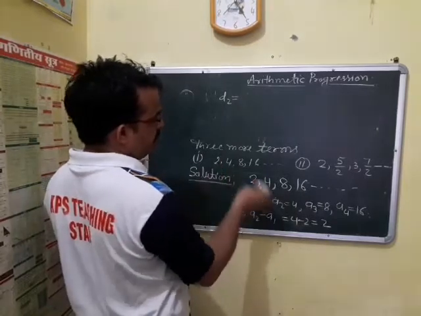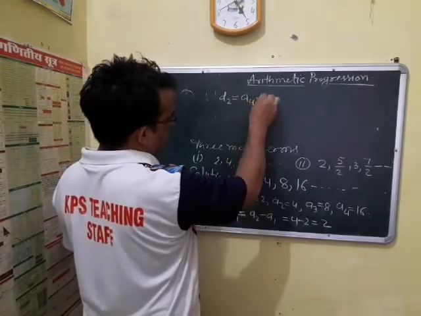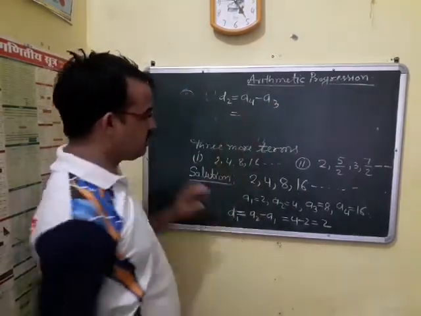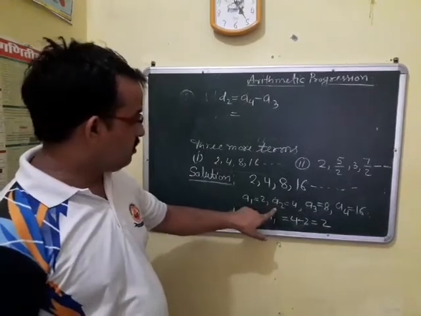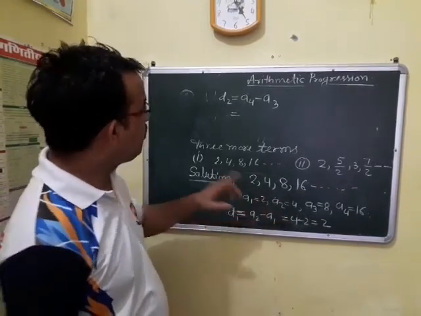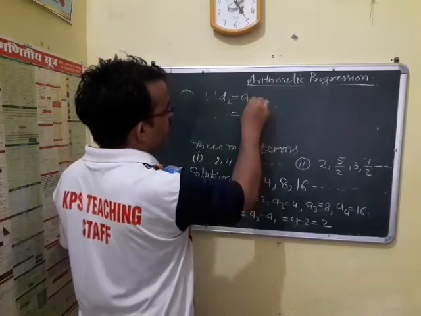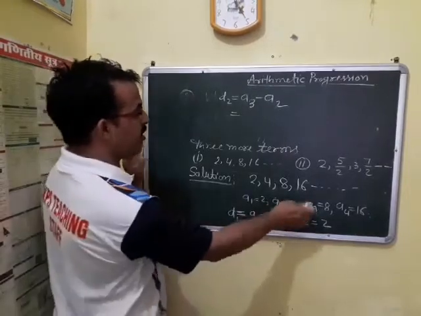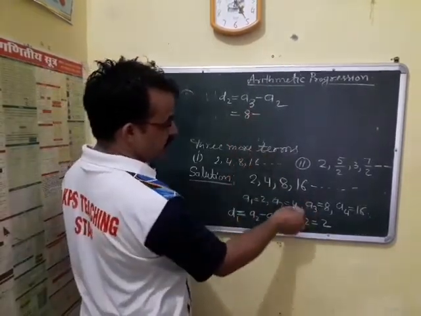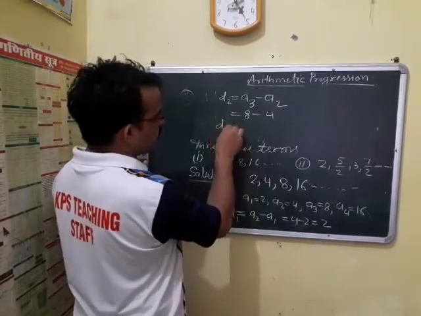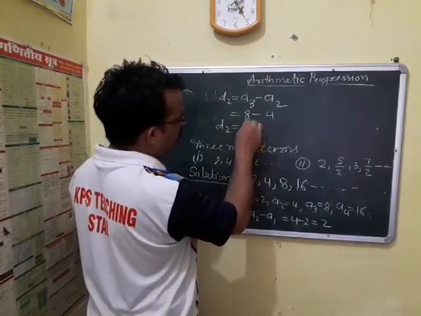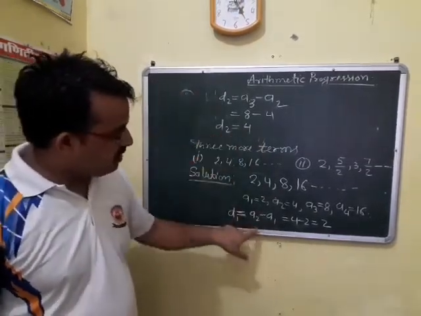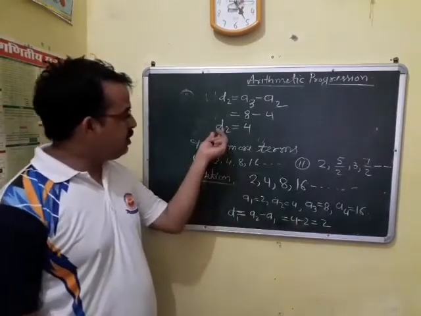Second is here. A3 minus A2. A3 minus A2. A3 is given here 8 and A2 is given here 4. So D2 is 4. We know that D1 and D2 are different values. D1 is 2 and D2 is 4.